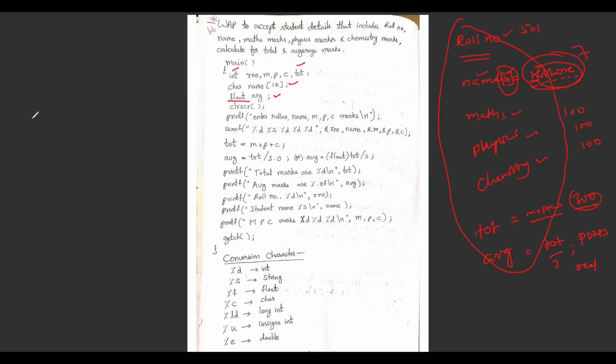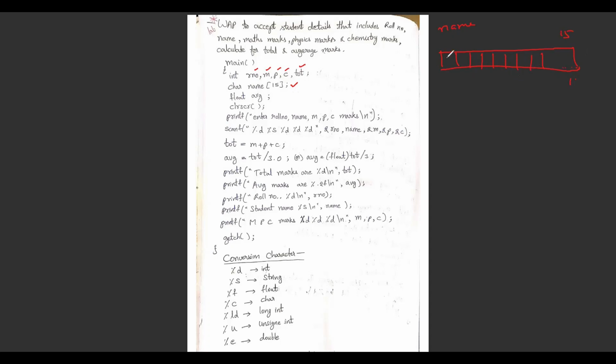Now let me go with the concept. Just see here: int roll number, maths, physics, chemistry, followed by total, and name of 15 characters. Internally memory will be created for this name like this. This is the name variable, with 1, 2, 3, 4, 5, 6, 7, 8 like this. 15 will be created.